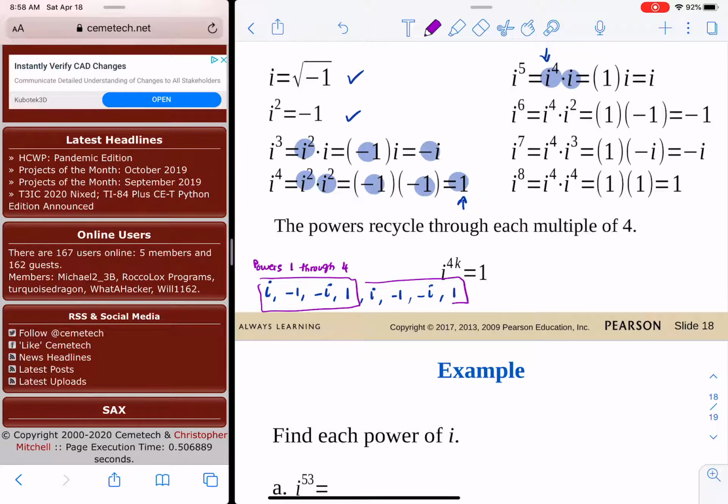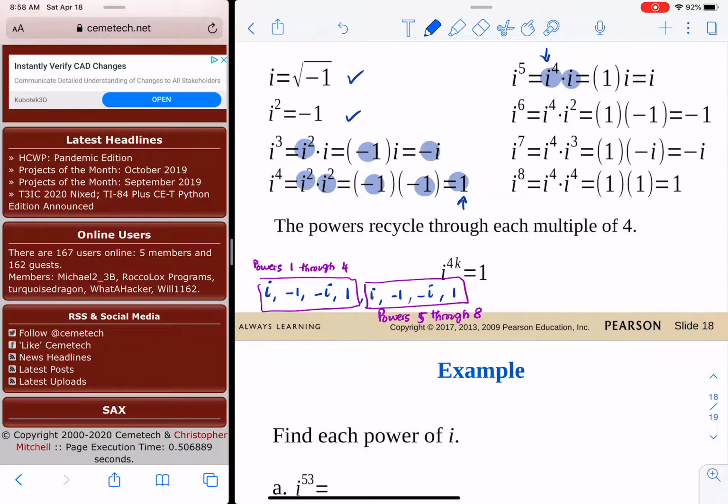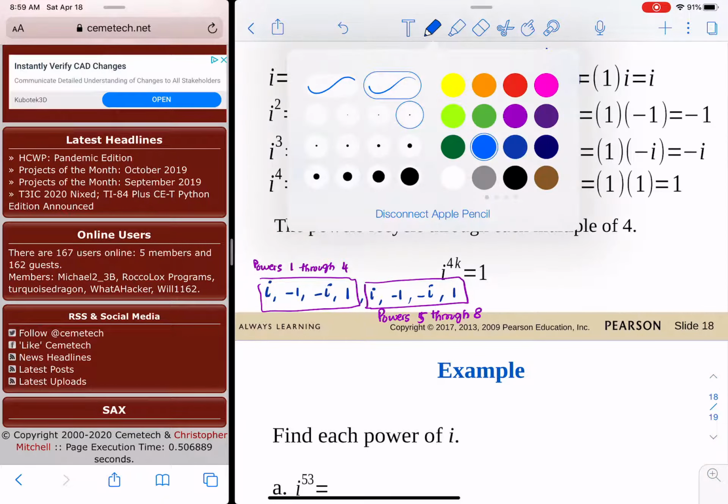That would be powers 5 through 8. And you can see that those two blocks are identical. In the sense you have i, minus 1, minus i, 1, then you have i, minus 1, minus i, 1. So naturally, I could just keep on going.